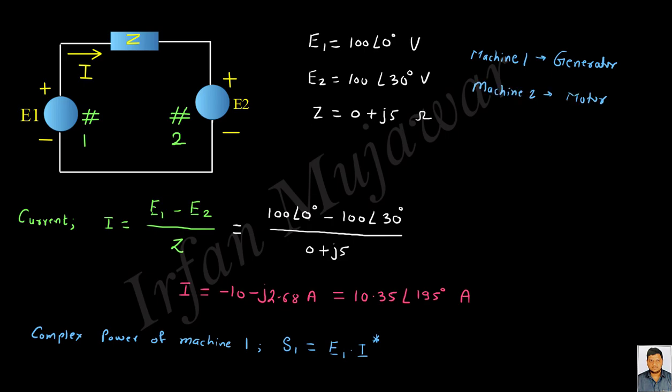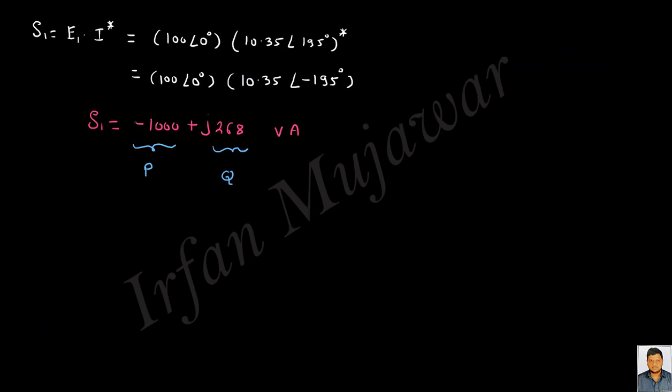That is the assumption, or from the figure we can say that the behavior will be like this. But actually we are getting P as negative, meaning the machine is not delivering active power, but it is absorbing active power. So we can write that machine 1 absorbs 1000 watt active power. That is the important conclusion.